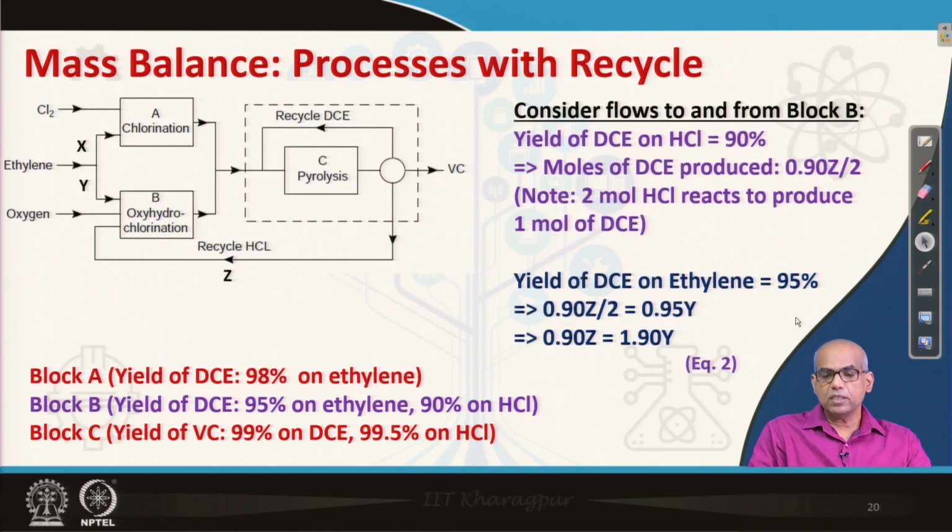Next, let us consider flows to and from block B. Yield of dichloroethane on HCl is given as 90%. So, moles of dichloroethane produced will be 0.90 Z by 2, because 2 moles of HCl reacts to produce 1 mole of dichloroethane.